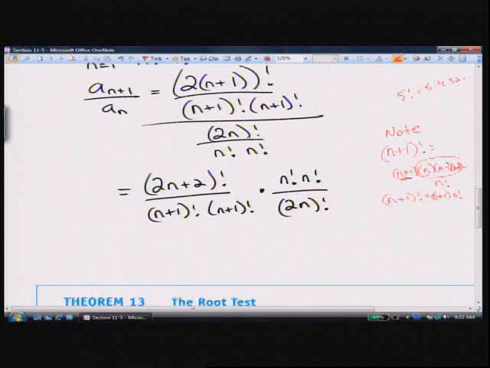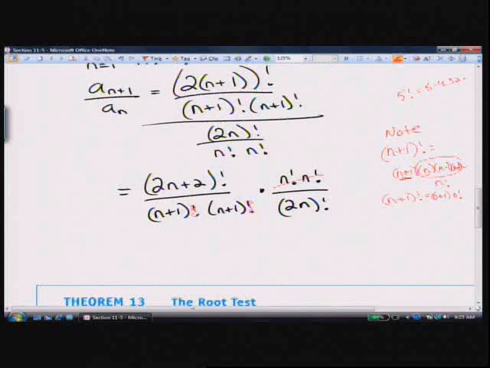Does that make sense? What's cool about that is that you can cancel this factorial here and cancel both of those. Does that make sense? Okay, so let's see if we can do anything fun with this 2n plus 2 factorial.